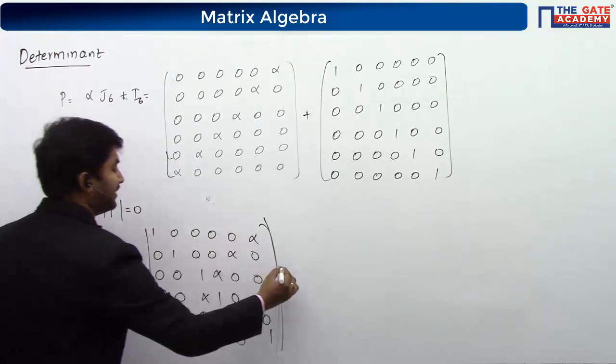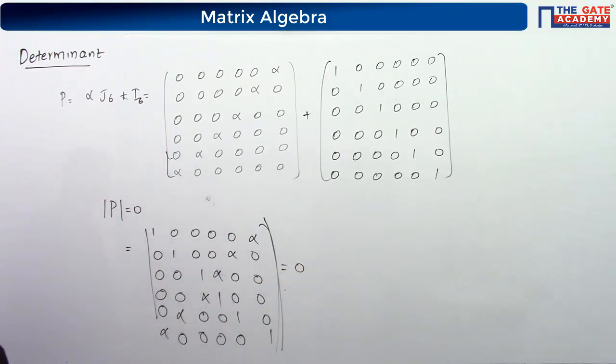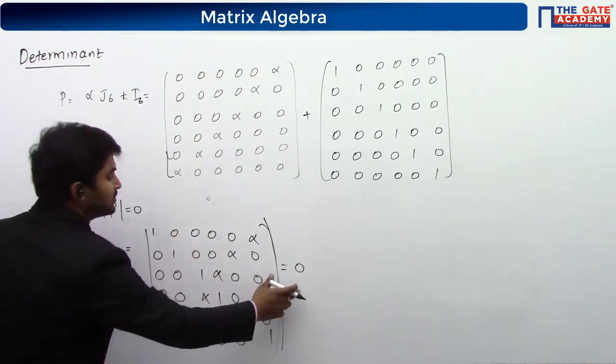Okay, I am considering the determinant, equating it to 0. Now you see, there is a determinant which is equal to 0, which is already given.